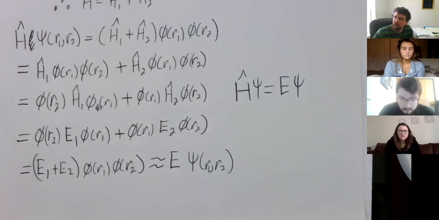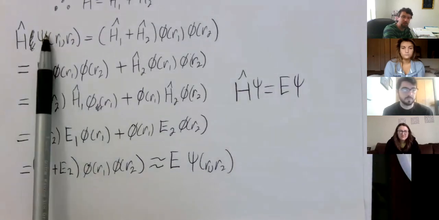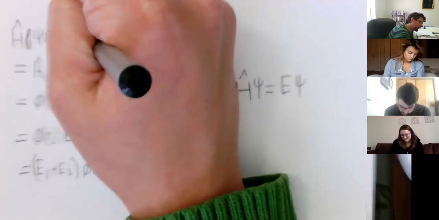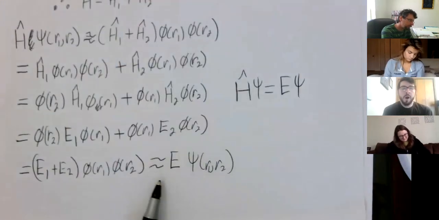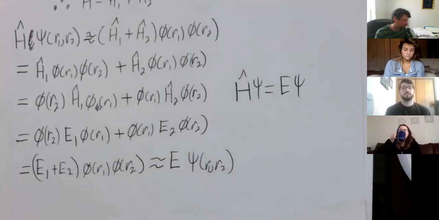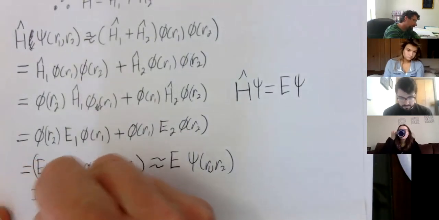So it looks like the orbital approximation does make mathematical sense, where we can break apart our wave function if we're approximating this part to be true, and we end up with an energy of our system. But in reality, is this true? No. Right, and why not?